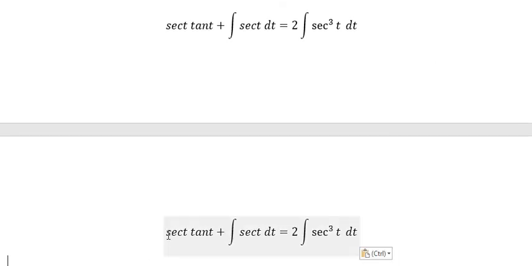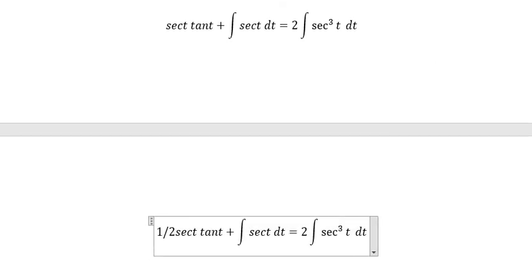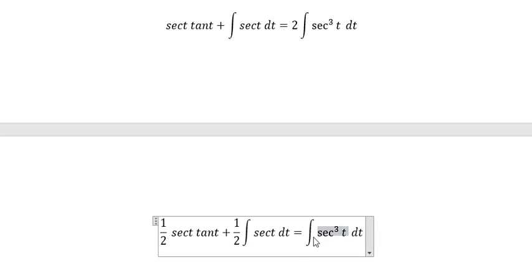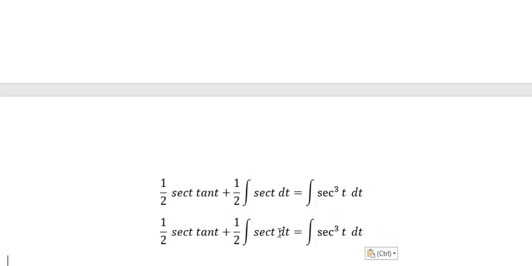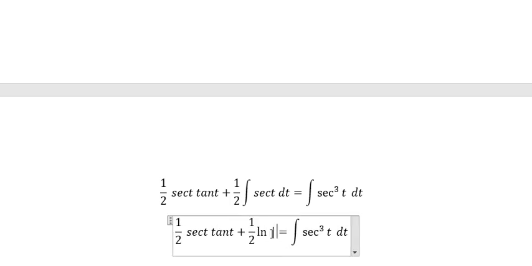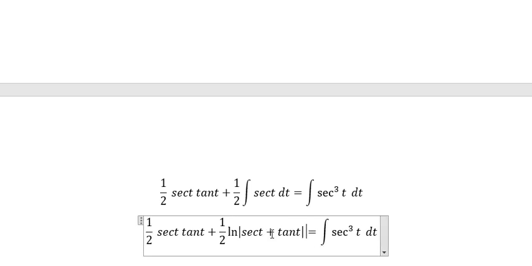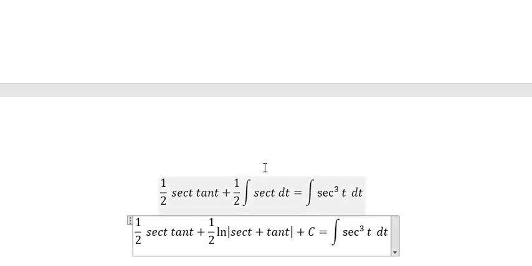Later, we divide both sides by number 2. The integration of this one, we have ln of the absolute value of secant t plus tan t, and later we put plus c.